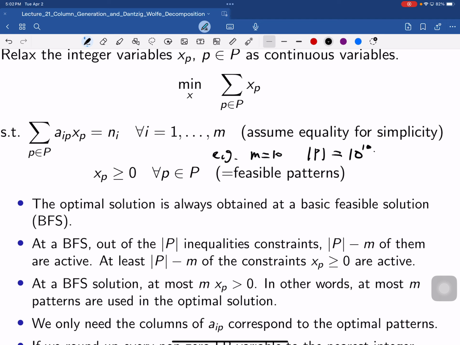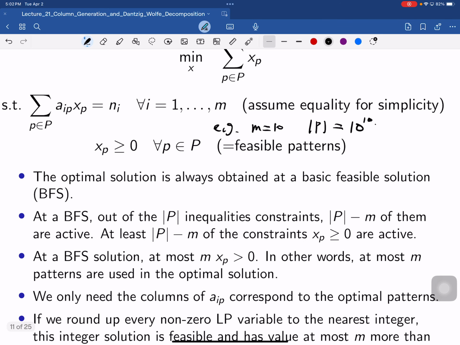Okay. Then let's analyze this problem. Right? So at a basic feasible solution, out of the P inequality constraints, at least P minus M of them are active. Right? So we only have, let's use the numbers 10 and 10 billion here, right?